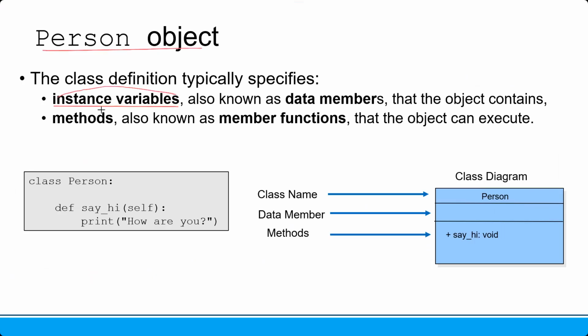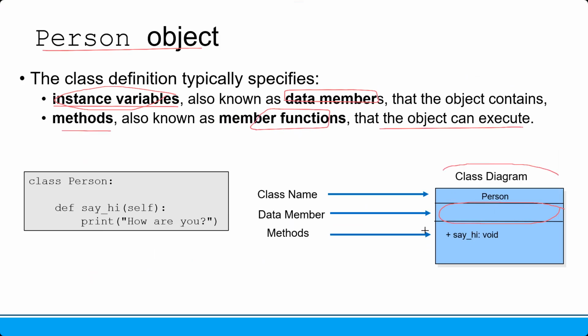The instance variable means we can have the data members. So now let me just keep it simple without the data members, and methods, or we call it the member functions or functions that the object can execute.